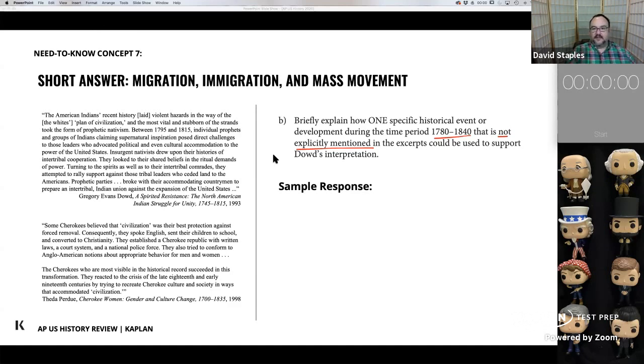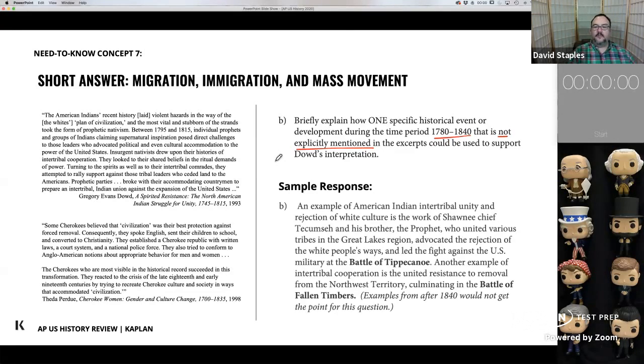Okay, so in this case, we're looking for one historical event that supports Dowd's interpretation about fighting off the advancement, resisting. There are going to be multiples that you could use, but you have to remember that 1840 time limit.